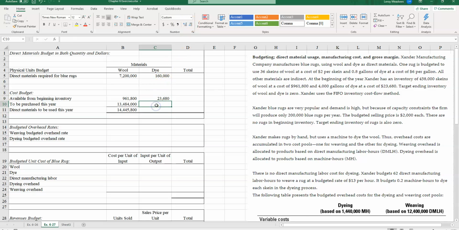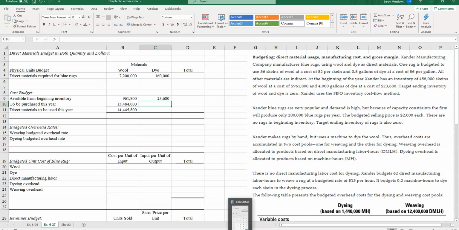And how much do I need to purchase? Well, I need to figure out how many gallons I need to purchase first, and then multiply that by the cost per gallon in order to get the total cost of purchases to be made this year. So let's see, I have an ending inventory of 4,000 gallons of dye at a cost of 23,680.